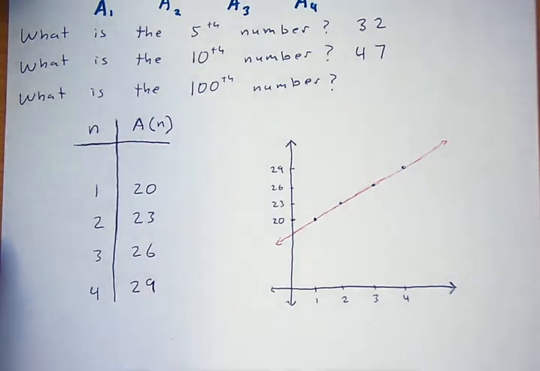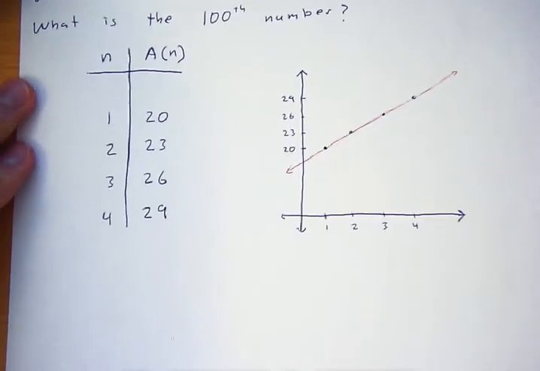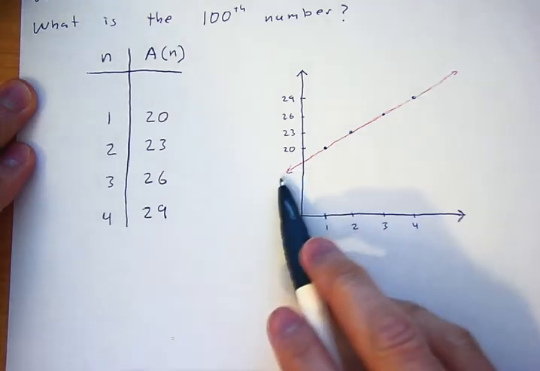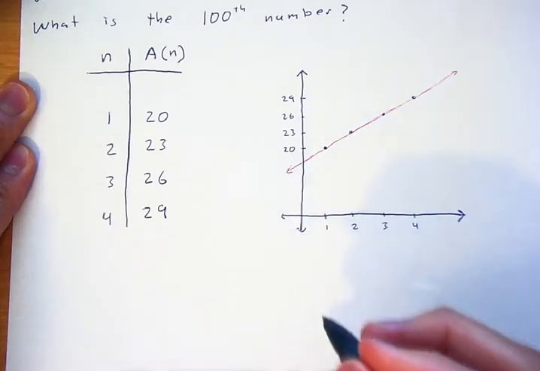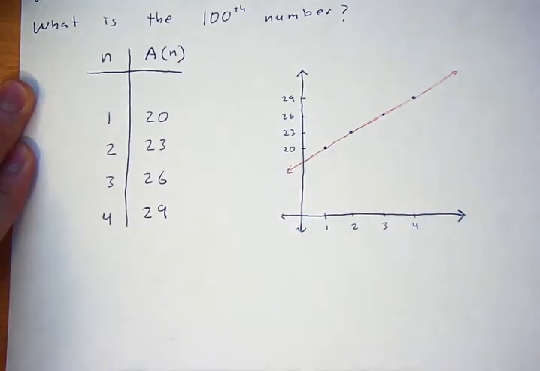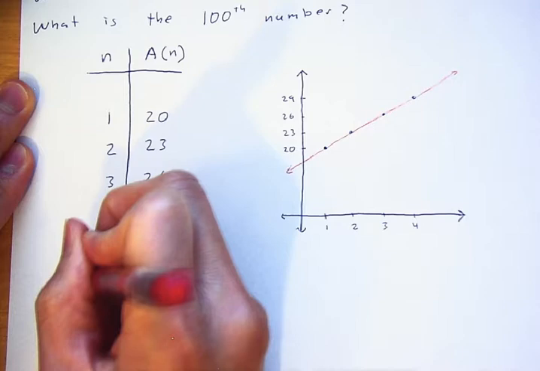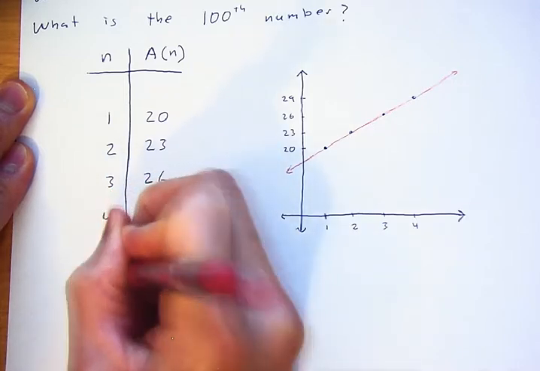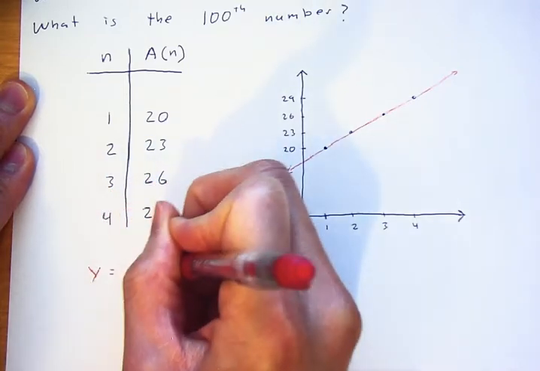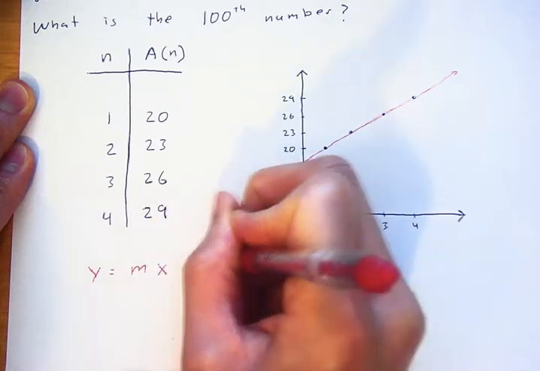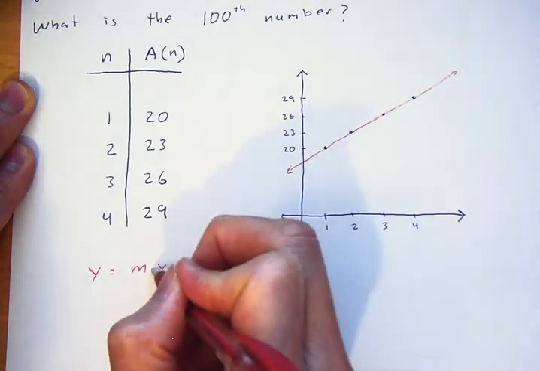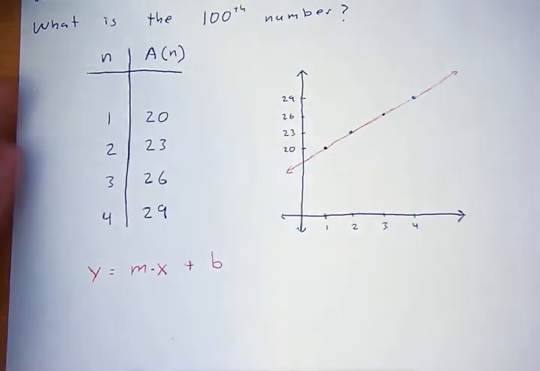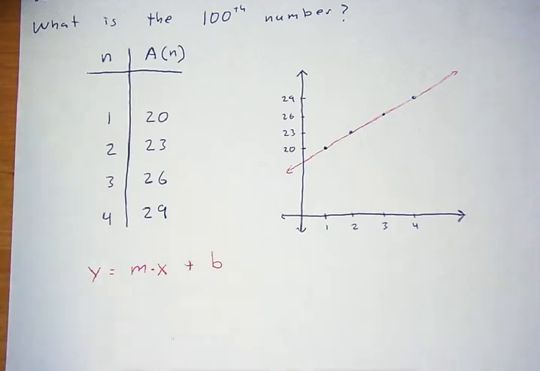So in previous years, you guys have probably already seen the equation for a line, which is y equals mx plus b. So this is m times x plus b.